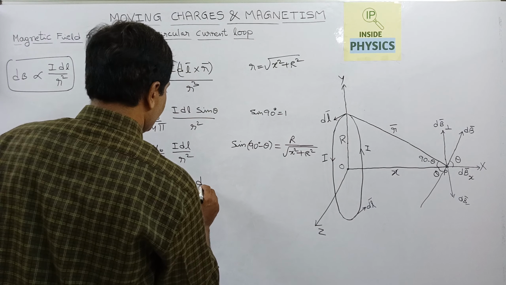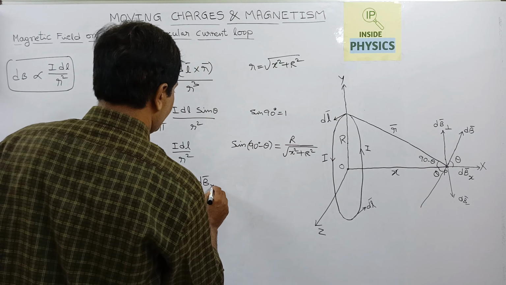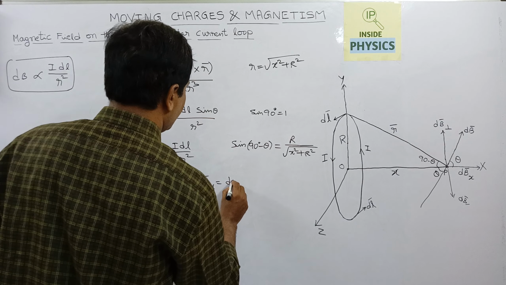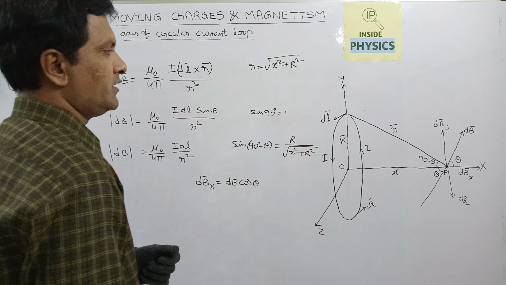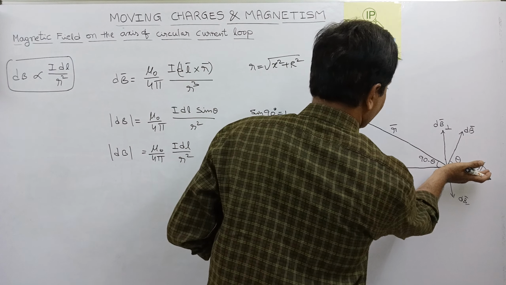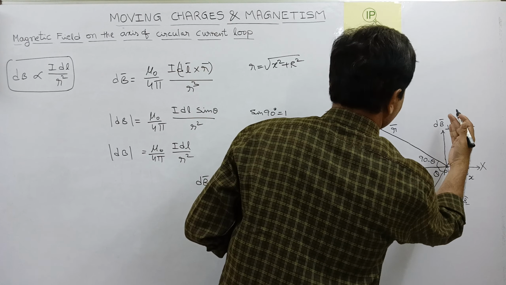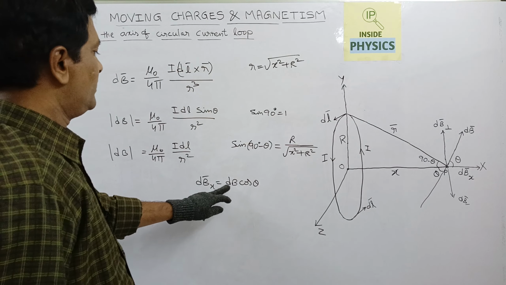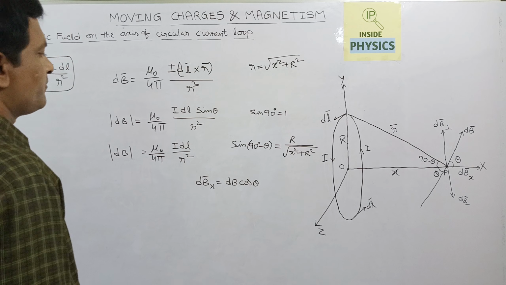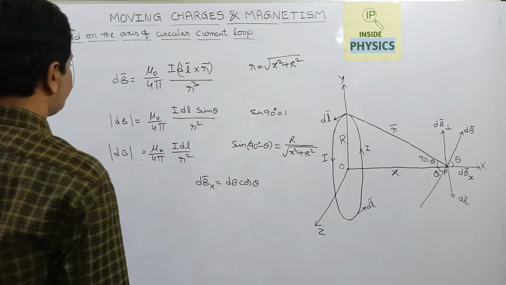Now we can write dB bar x is equal to dB cos theta. Along this x-axis, dB cos theta. This is dB sin theta. This is dB cos theta. So dBx is equal to dB cos theta, where dB is the magnitude.